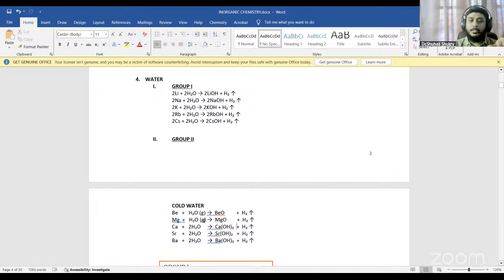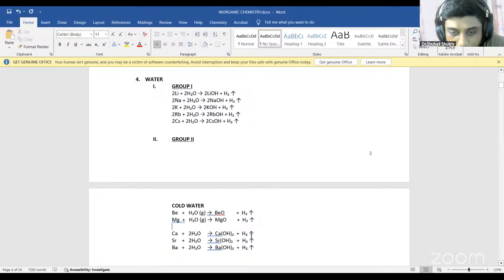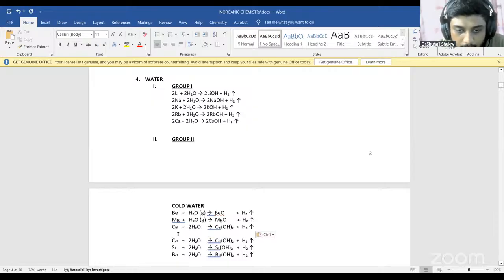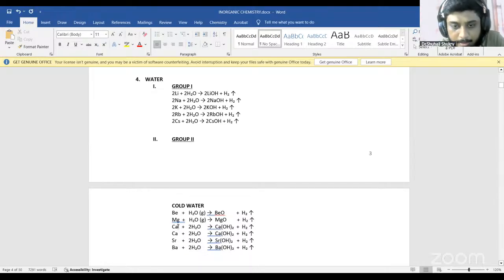But magnesium is a different person. When magnesium reacts with gas, it will produce magnesium oxide and hydrogen. But normally magnesium reacts with liquid, right? So I'll write this here. This I'll change as magnesium.